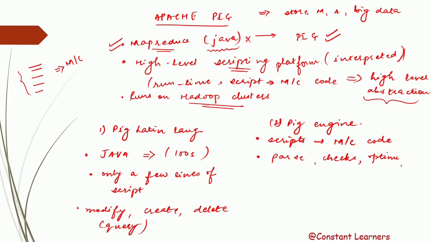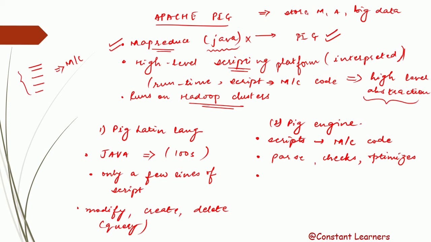That means it tries to see which is the most optimal or the best way of processing this data. The Pig engine does that, and finally it processes the data and gives the output. So that is what is done in the Pig engine. This is all about Apache Pig. There's nothing more to it. The basic concept of Apache Pig is all of this.